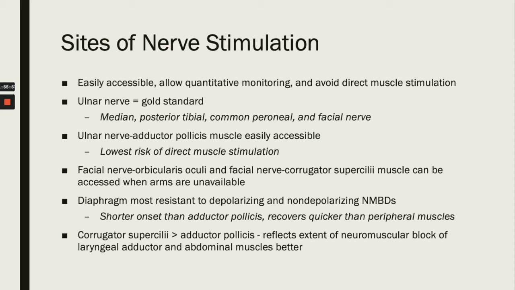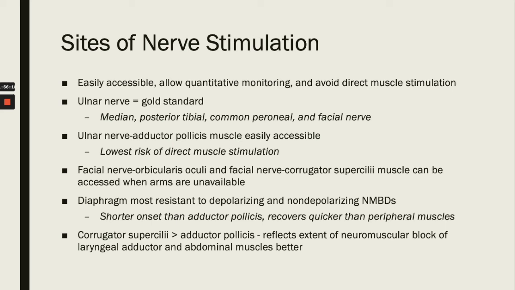The corrugator supercilii reflex basically. In regards to the corrugator supercilii over the adductor pollicis, the corrugator supercilii reflects the extent of neuromuscular block of the laryngeal adductor and abdominal muscles better.